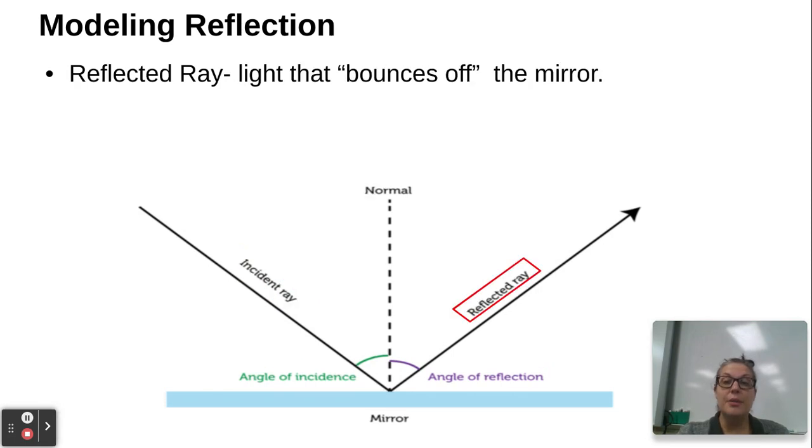The ray that is bouncing off of the mirror is the reflected ray. So the reflected ray is the light that bounces off the mirror. That is the outgoing light ray.